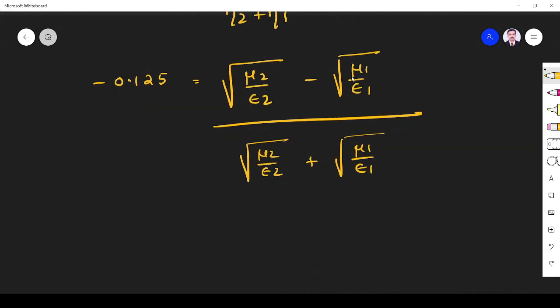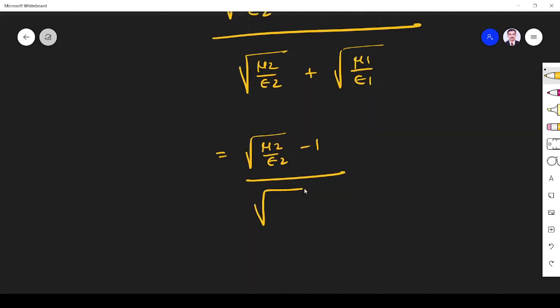Mu 1 and epsilon 1 we know are 1. So if you substitute 1, we get root of mu 2 by epsilon 2 minus 1 divided by root of mu 2 by epsilon 2 plus 1.